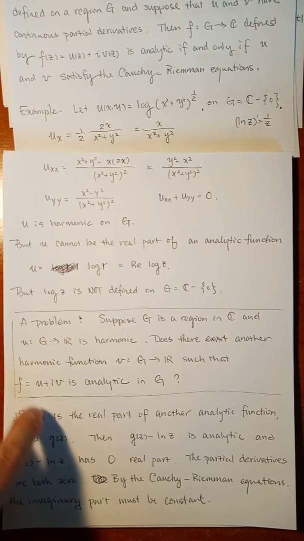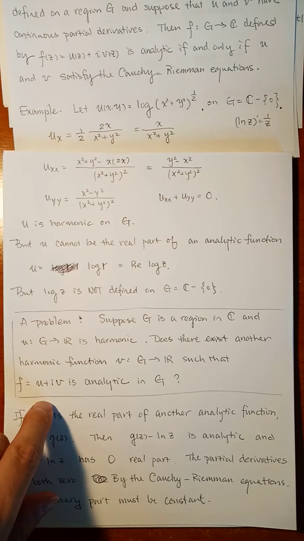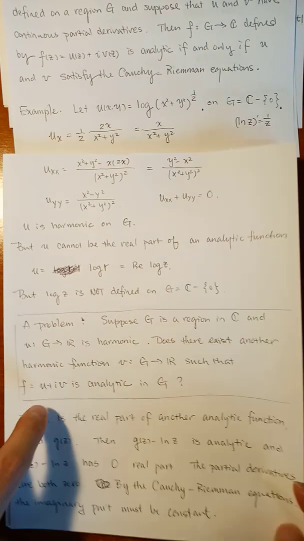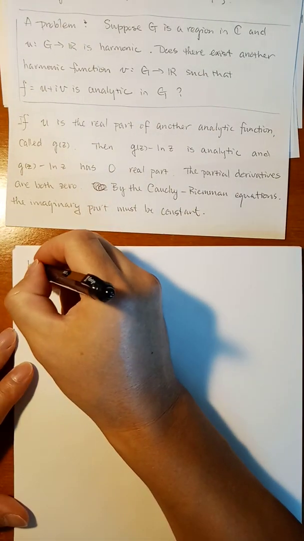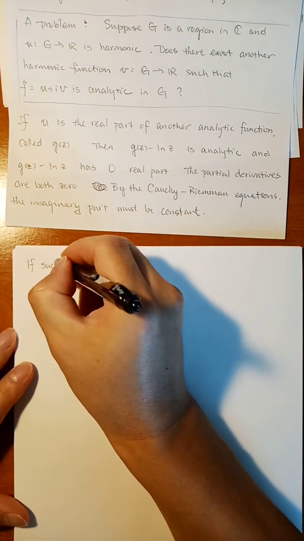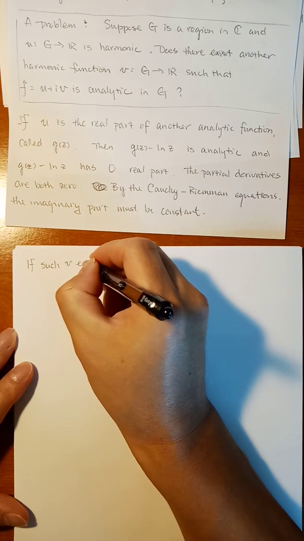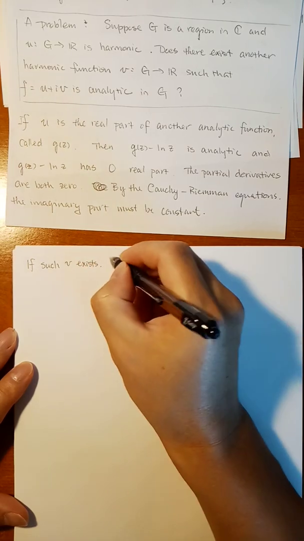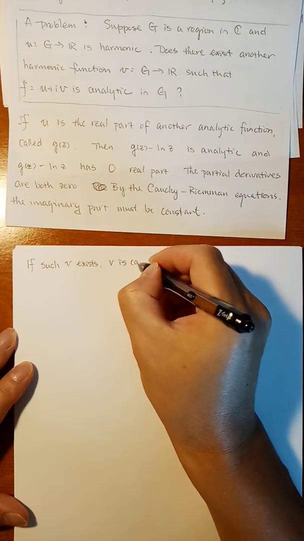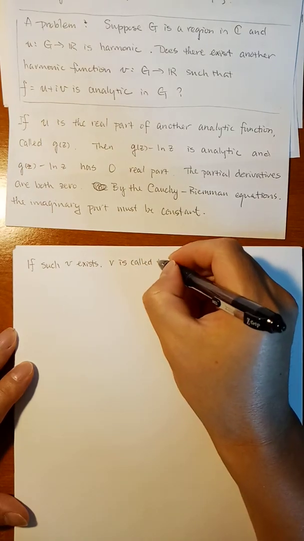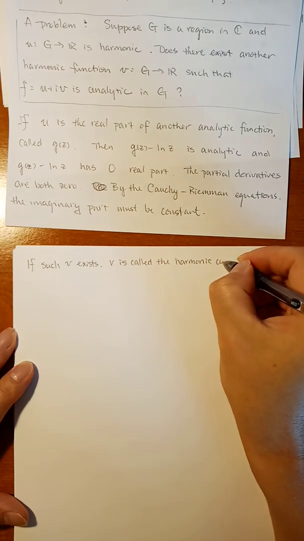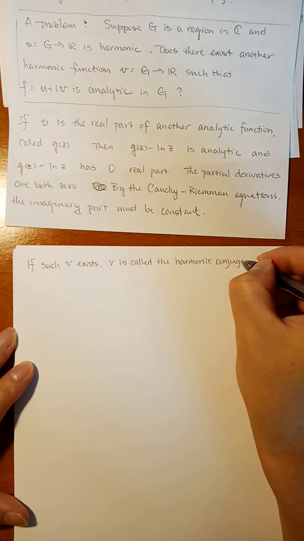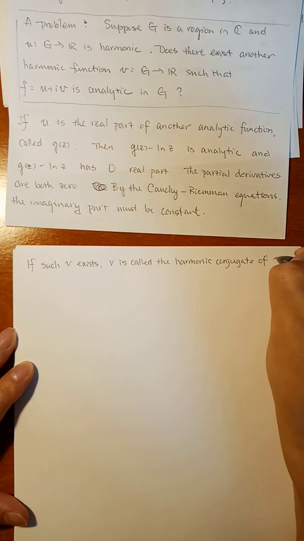And if this u has a counterpart, v is called a harmonic conjugate. Let's go back to the question: if such v exists, v is called the harmonic conjugate of u.